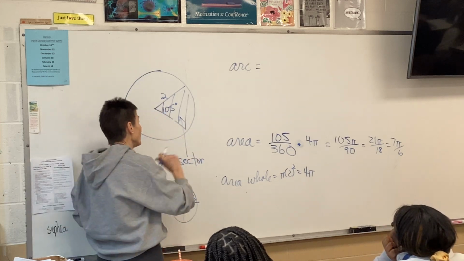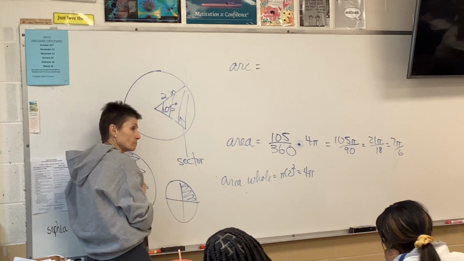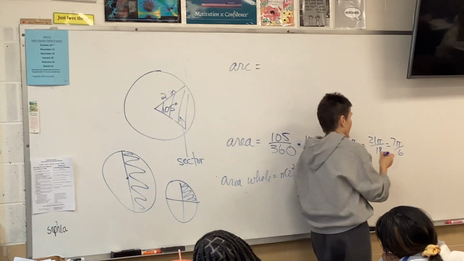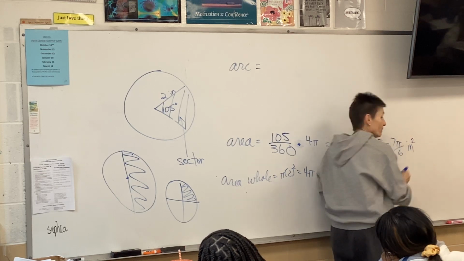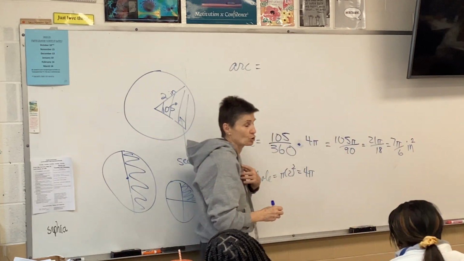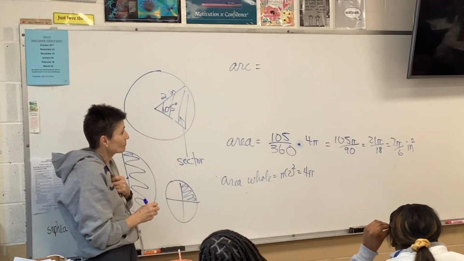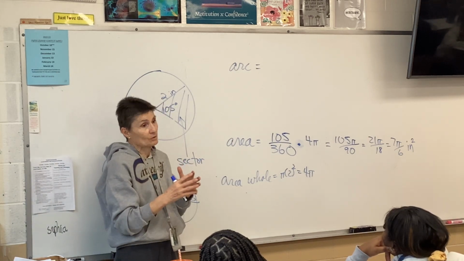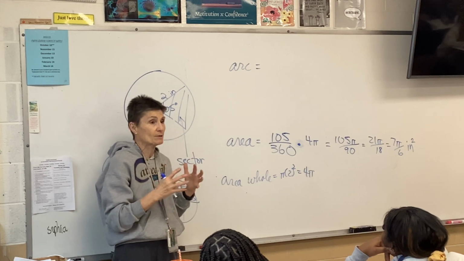Now again, on the quiz, there'll be a unit here like inches. So what will be the unit on my area? Inches squared, square inches, absolutely. Area is squared units. So the area will be inches squared. So finding the area of a sector is super simple, and it's just like you did in 9th or 10th grade.